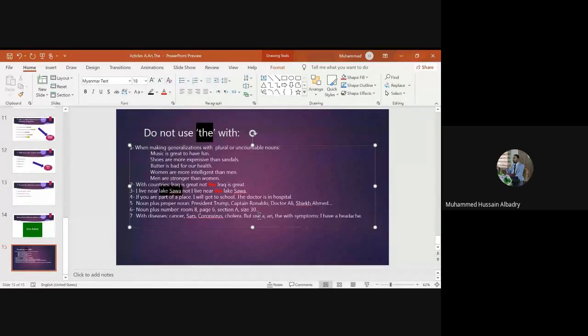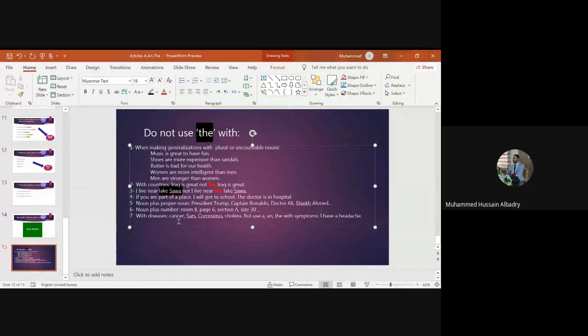Here you say size 42, 44, 46. A man says 31, 32, 34. You see? But if you remove the number, you use the. You say, for example, the size of my trousers is 46. But noun plus number, don't use the.